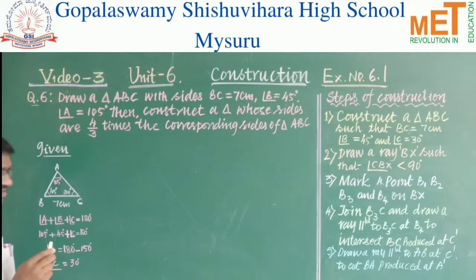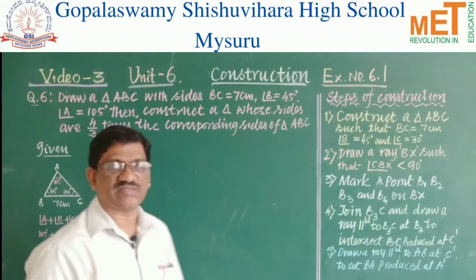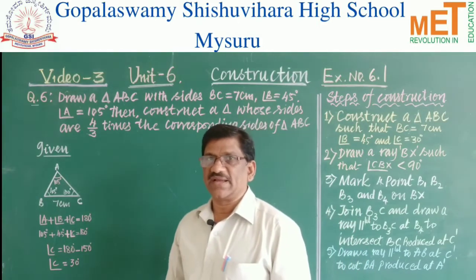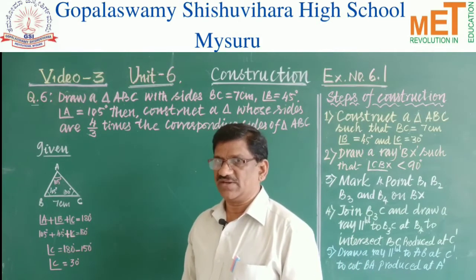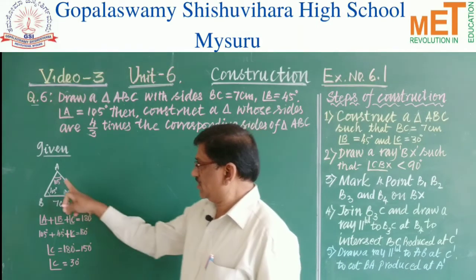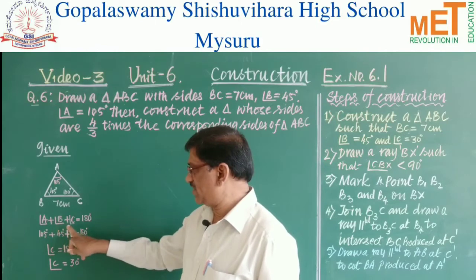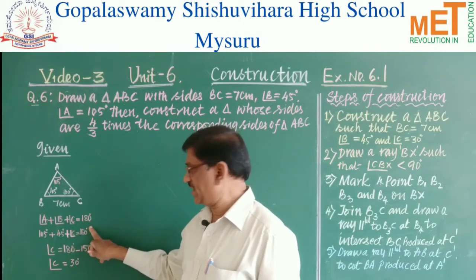So to construct, we need another angle, that is angle C. So you know the angle sum property of a triangle. What does it say? The sum of all the three angles of a triangle is equal to 180 degree, isn't it? So in the triangle ABC, angle A plus angle B plus angle C is equal to 180 degree.